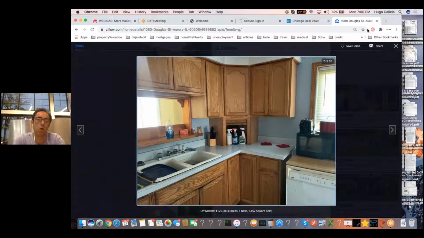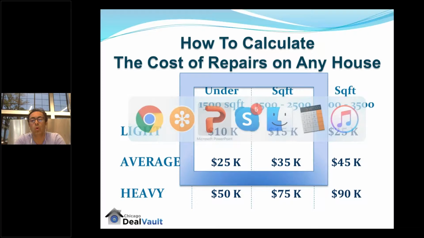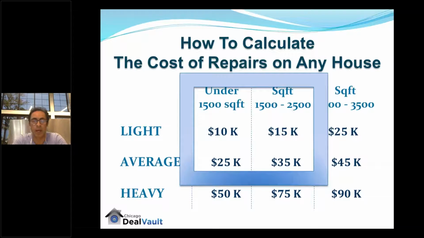Okay, so go back to what I gave you earlier. The average is going to be 25,000, because it's less than 1,500 square feet, plus I'm going to add 8,000 between windows and AC. So 25 plus 8, that's 33,000.